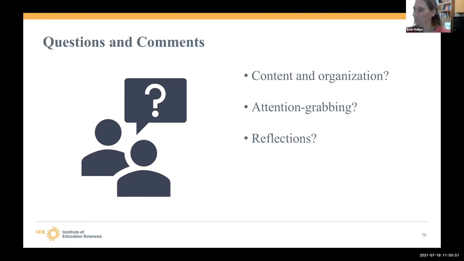Okay. There are some excellent questions in the chat about some of our terminology. For example, why read aloud and not shared reading? I thought you were going to say read aloud and dialogic reading.